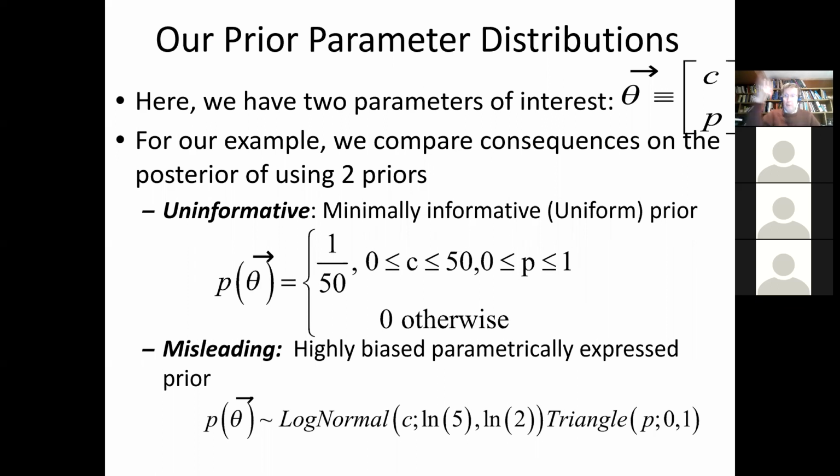So you give me a value of theta, C equals 27 and P equals 0.035. And I want to say, how plausible is this parameter value? I want to be able to evaluate it, to critically evaluate it.